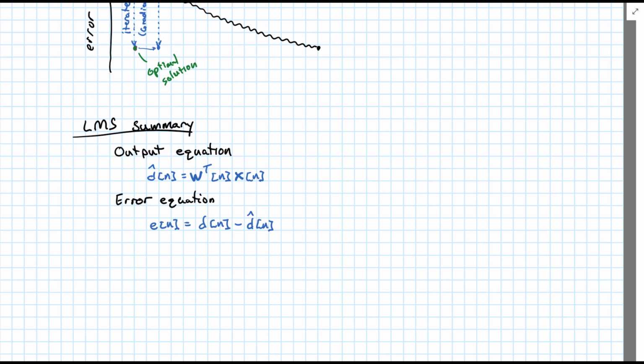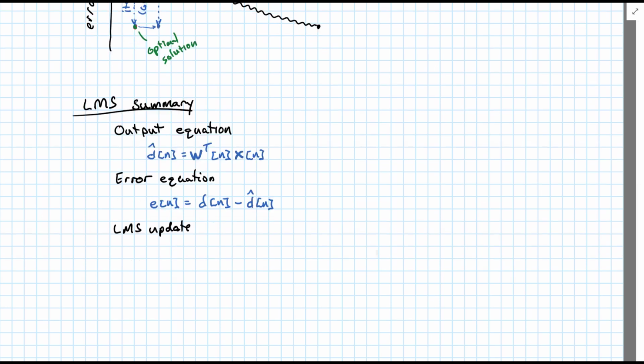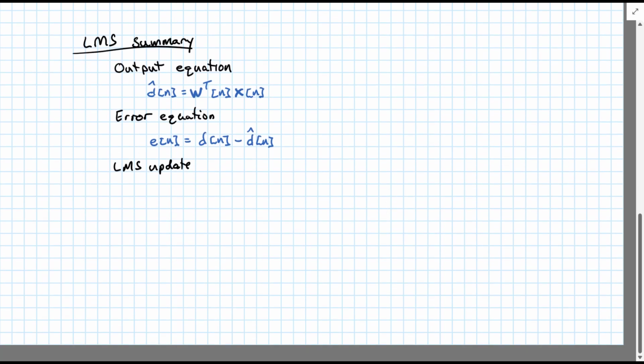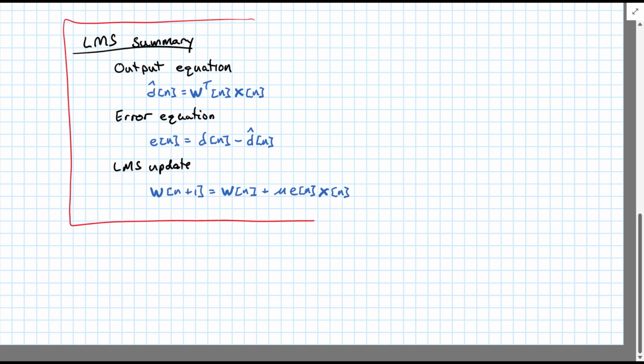And the third is to update our filter weights. And we've just spent time with that equation, so it should be a little bit more familiar. So this is the entire basic LMS update.